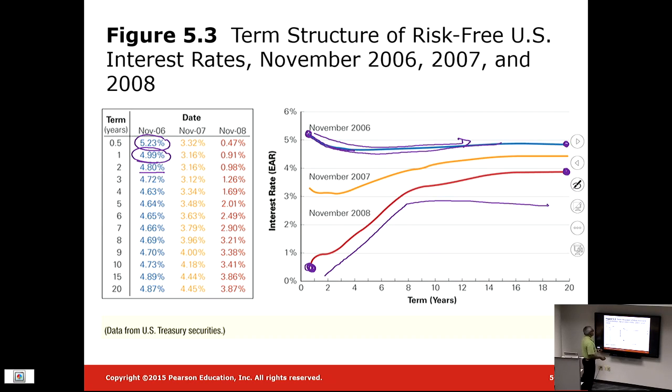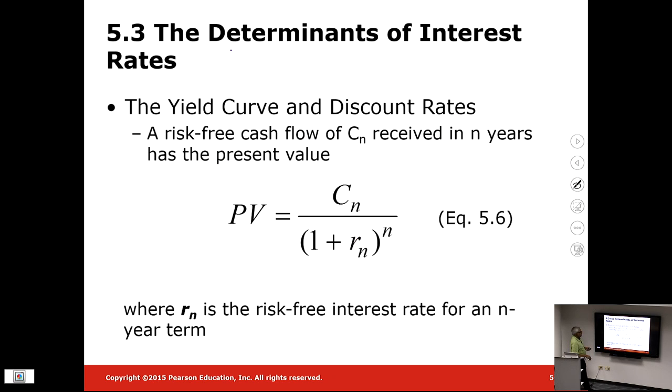This picture is called the term structure of interest rate. It gives us a sense of what the interest rate is for different investment horizons, for different investment time. To what extent do the interest rates change? What this allows us to do is calculate present value, or the value of investment choices for risk-free cash flows, essentially using the present value, future value thing that we had learned before.